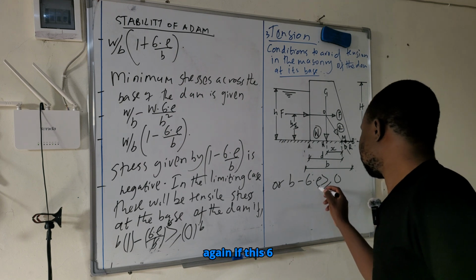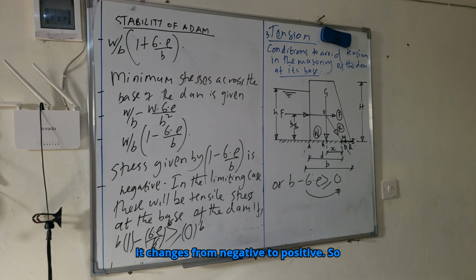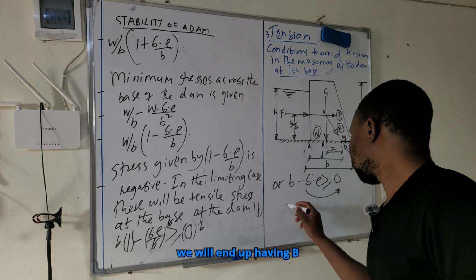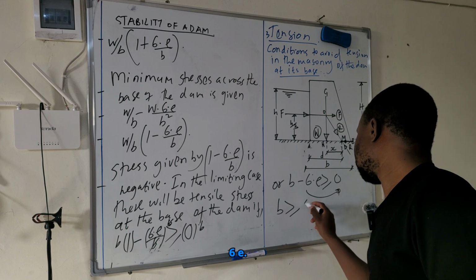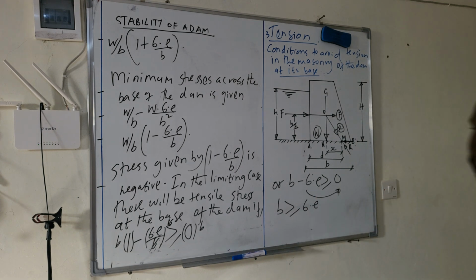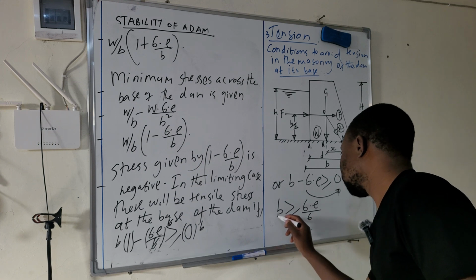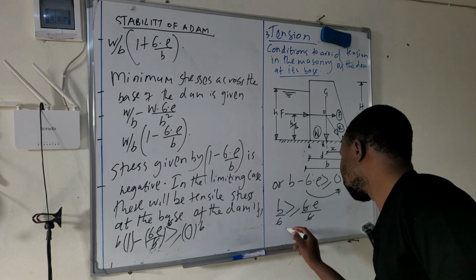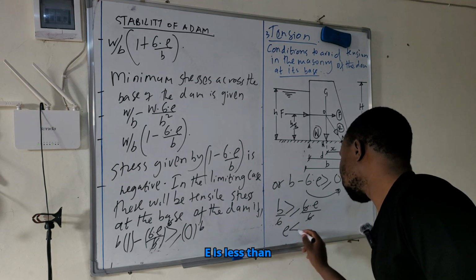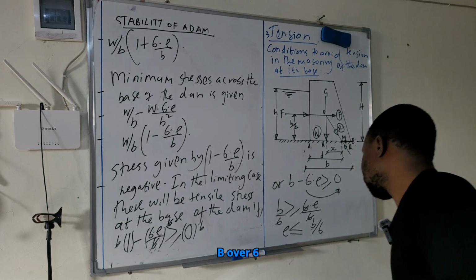Again, if this 6E crosses to the other side, it changes from negative to positive. So we will end up having B is greater than or equal to 6E. Or you can also divide both sides by 6. So it means E is less than or equal to B over 6.